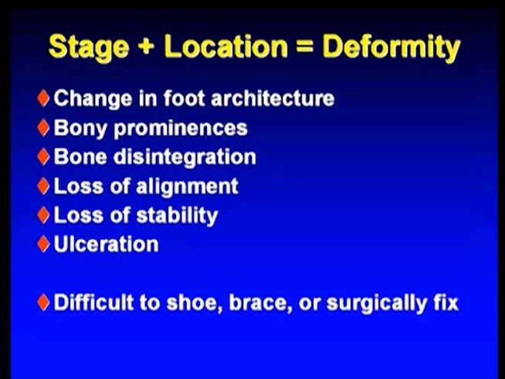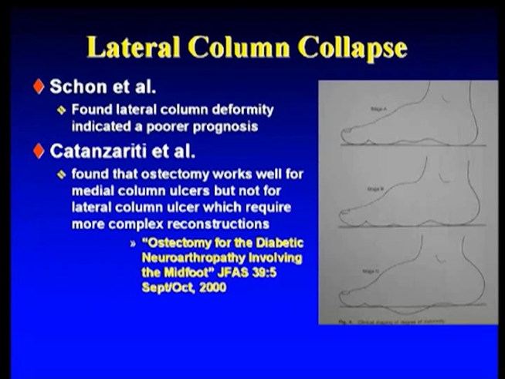The problem then ensues. The foot becomes very difficult to put in a shoe, to brace, offload, or even to surgically fix. So this is the dilemma we're faced with.